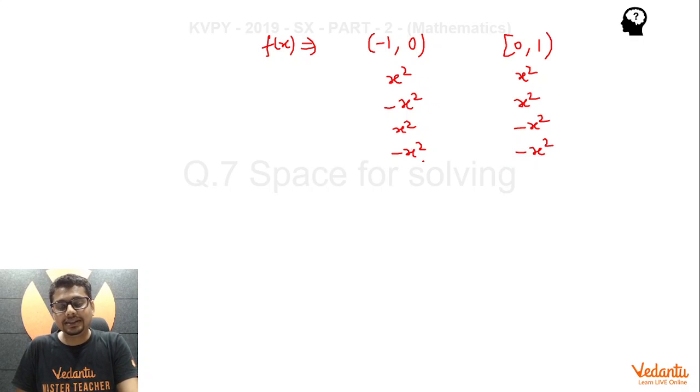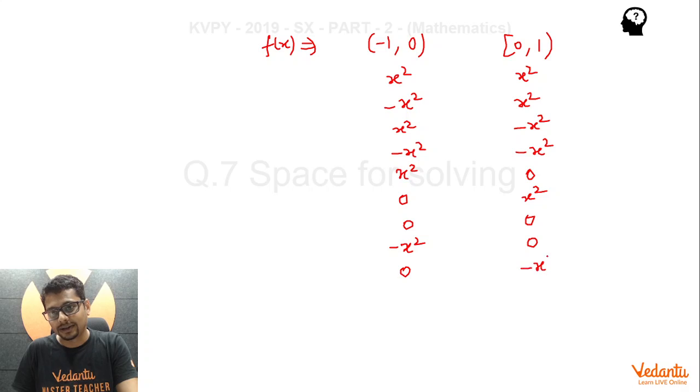Not just these, there are more possibilities clearly. You can say x square and 0 here and 0 and x square here. And 0 and 0, that means f of x equal to 0 for every x in the interval minus 1 open to 1 open. You can even say minus x square and 0. You can say 0 and minus x square.